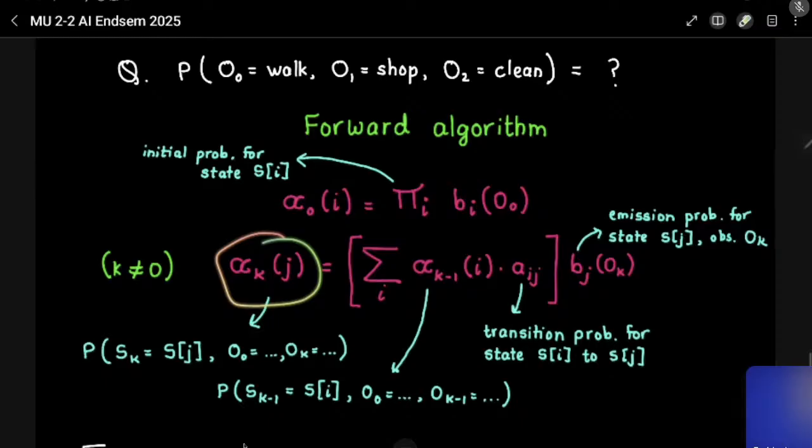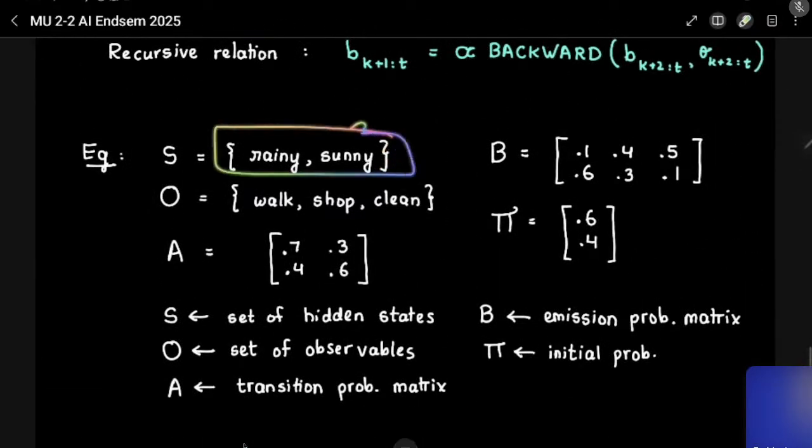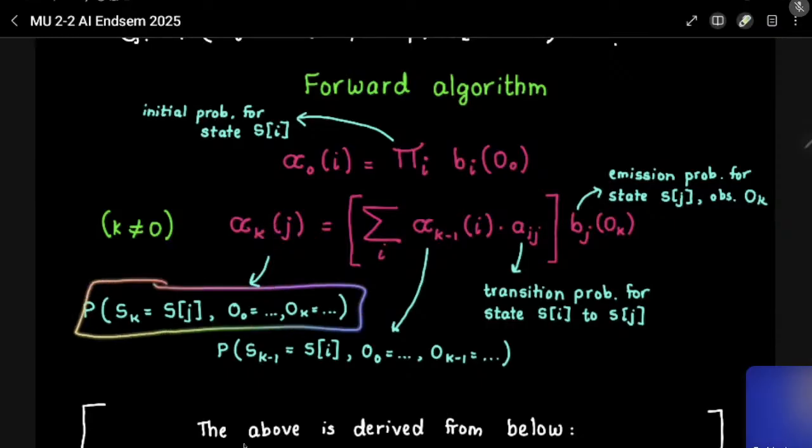So alpha kj is nothing but the probability of the hidden state being the state j. So you have so many states here, no? You have state 0, state 1, state 2, state 3, and so on. So at time k, here k is the time. So probability that at time k, the state is the jth element of the set of states, and along with that you have some set of observables until time k.